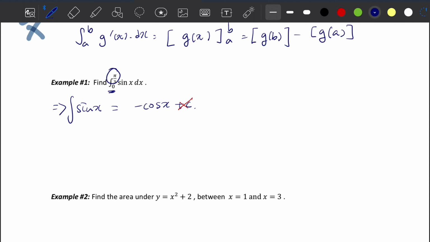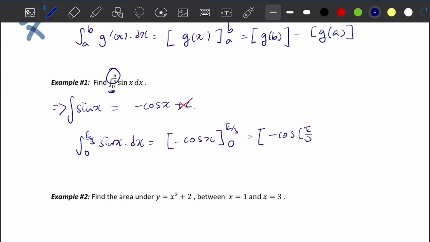So the integral from 0 to pi over 3 of sine x dx is the same as negative cosine x, with x ranging from 0 to pi over 3, which is negative cos pi over 3 minus negative cosine 0.